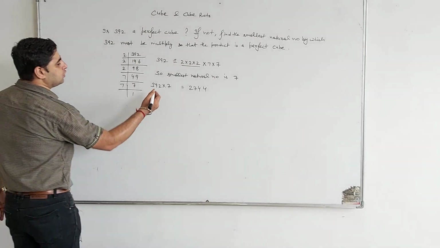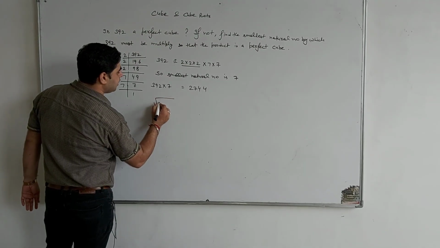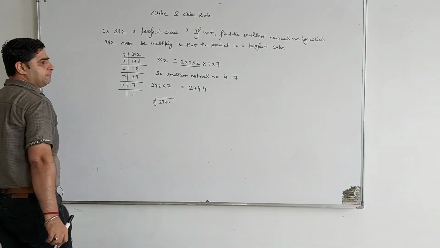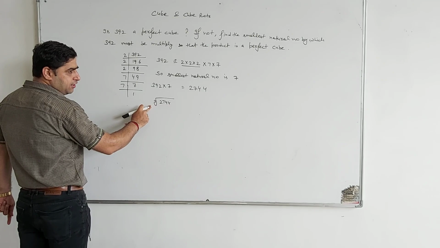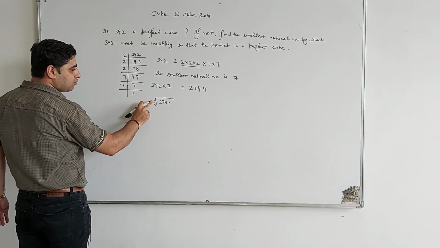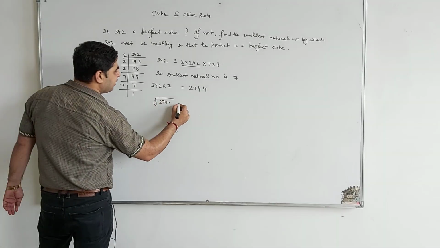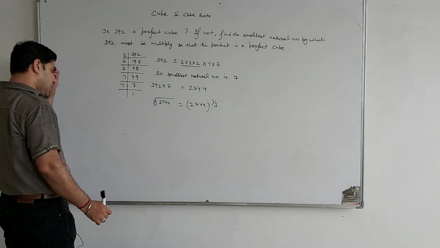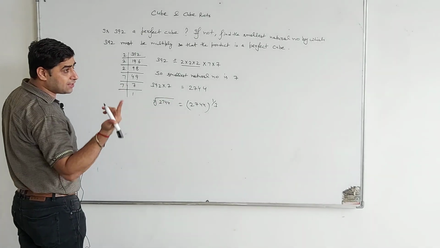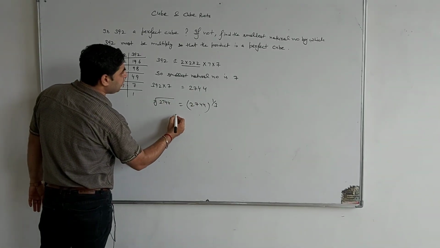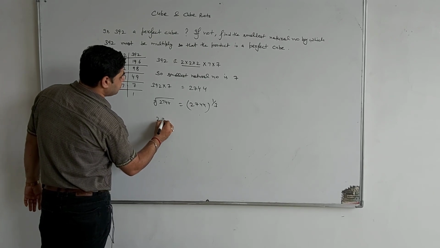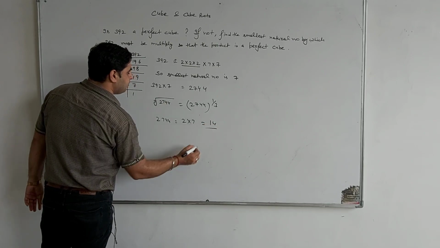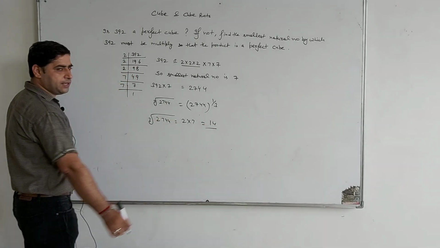The cube root of this number, 2744, you can write with a small 3, which means cube root, whereas nothing written means square root. Or you can write 2744 to the power 1 by 3. We will find this cube root in the next video. So the cube root of 2744 is 2 times 7, which comes out as 14.